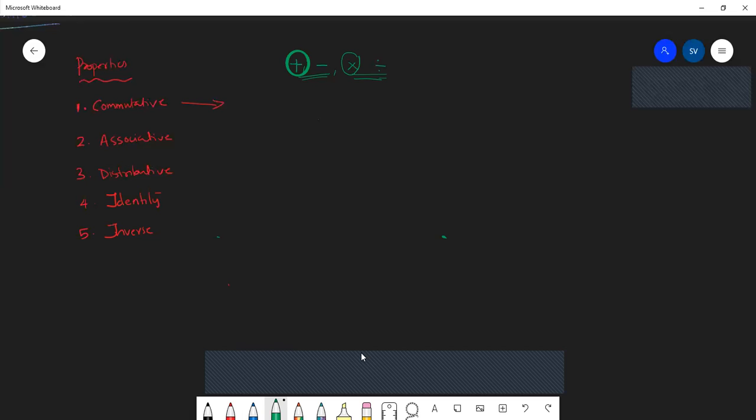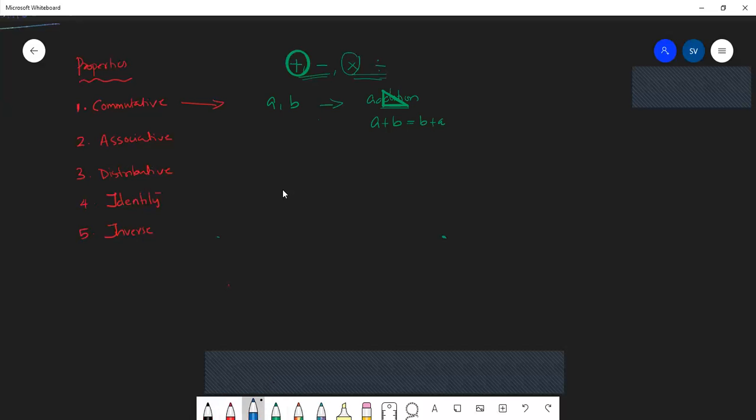First, we can consider what a commutative property is. If we consider two numbers a and b, the commutative property for addition states that a plus b equals b plus a.